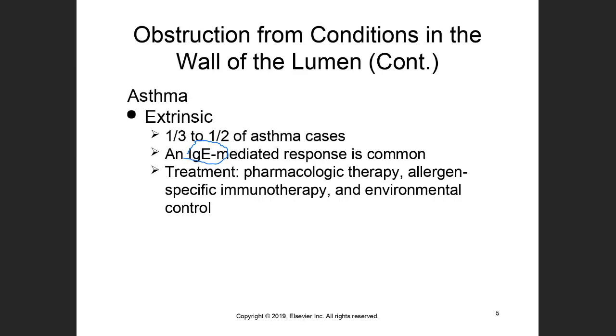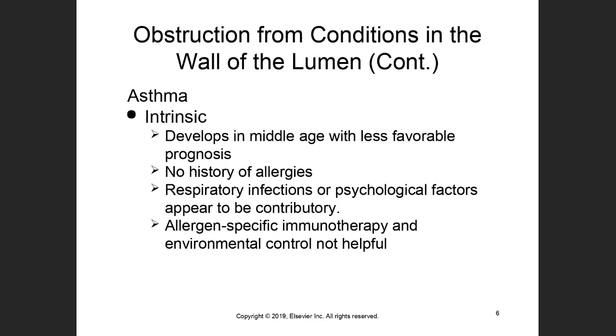The treatment for asthma most of the time is the same, either intrinsic or extrinsic. There are inhalers: inhaled beta agonists, short acting and long acting, and also inhaled corticosteroids.